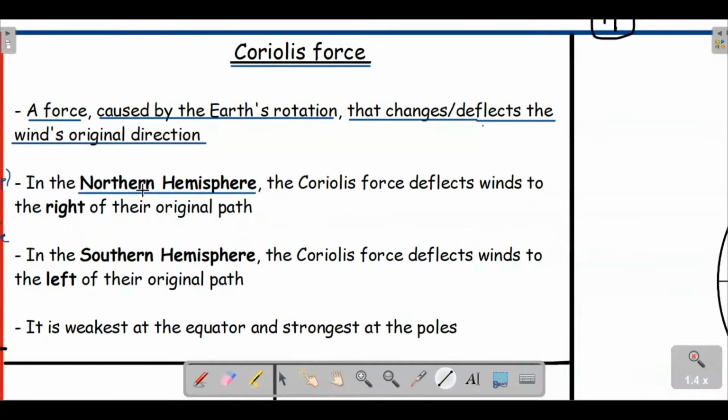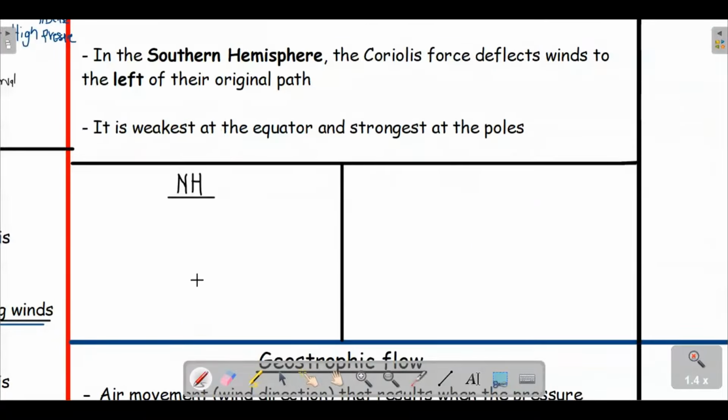In the northern half of the Earth, the Coriolis force deflects winds to the right of their original path. In the northern hemisphere, if air was supposed to move from, let's say, A to B, so it was supposed to move this way, and A is in high pressure, B is in low pressure, and it's the pressure gradient force that is pushing the air to move.